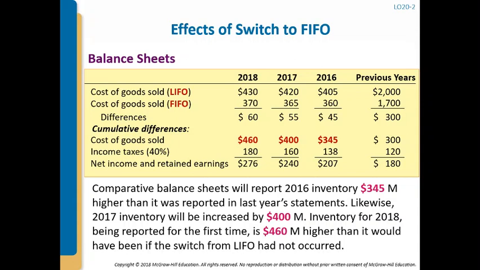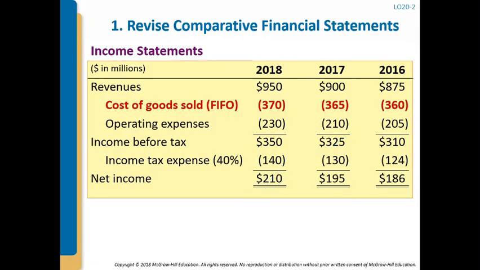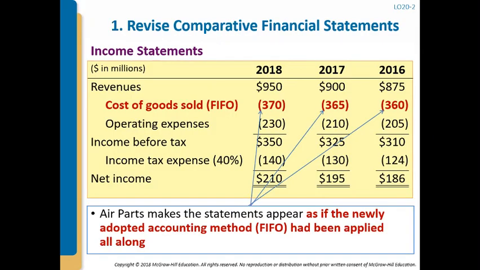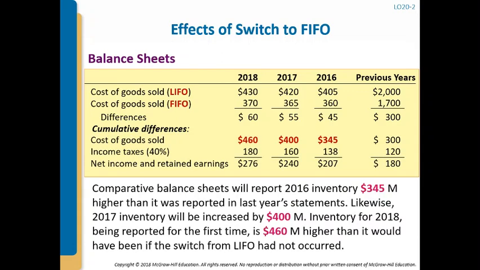Likewise, 2017 inventory will be increased by 400 million, and inventory for 2018 being reported for the first time is 460 million higher than it would have been if the switch from LIFO had not occurred. So you just kind of have to take these numbers as they are.